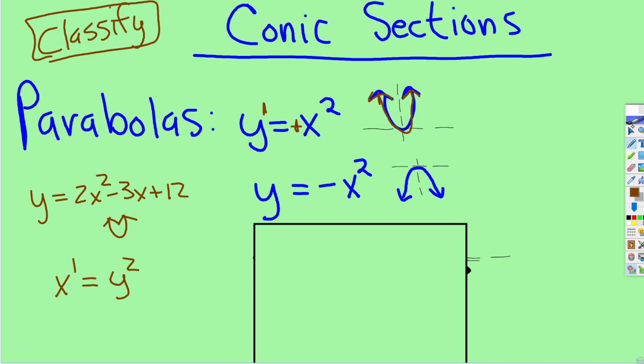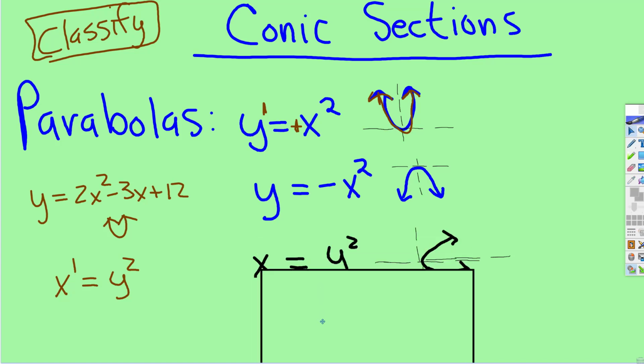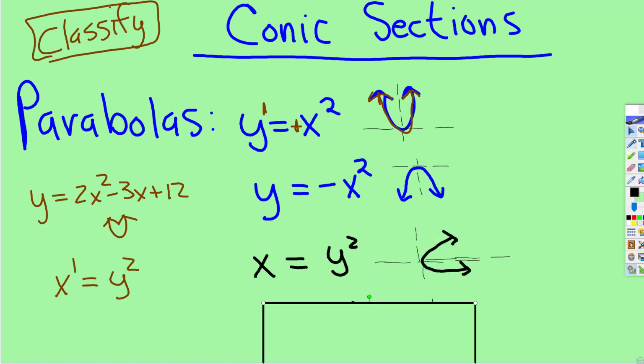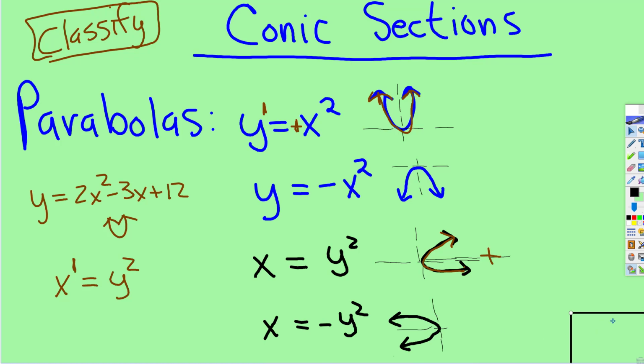So when x is to the first power, the parabola will be facing towards the x-axis. Whatever one is to the first power, the parabola will be facing to the x-axis. And this is in the positive direction. When y is a negative y squared, this will be facing in the negative direction.